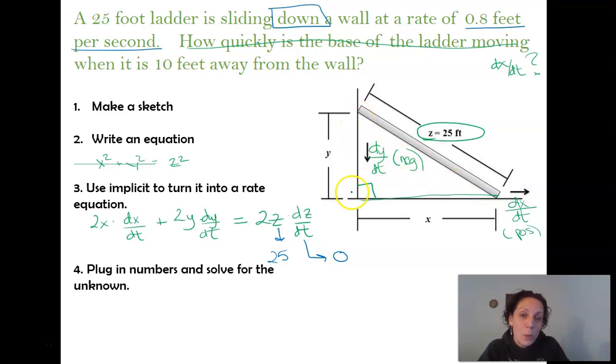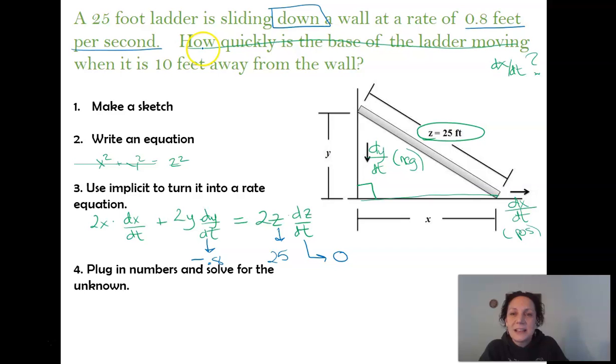This is my dy/dt. It's sliding down the wall. This is how y is changing with t. They gave you your dy/dt. dy/dt isn't just 0.8, it's negative 0.8. Feet per second, but I'm not plugging the units in. I'll do that in the end.